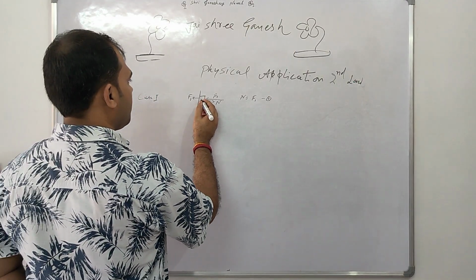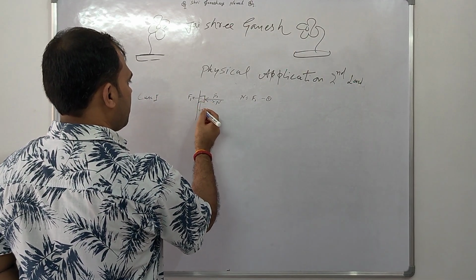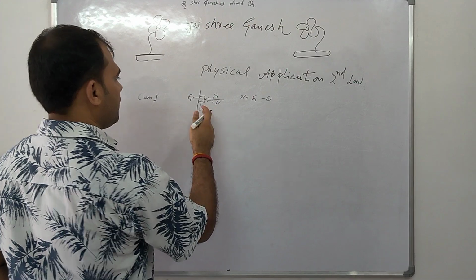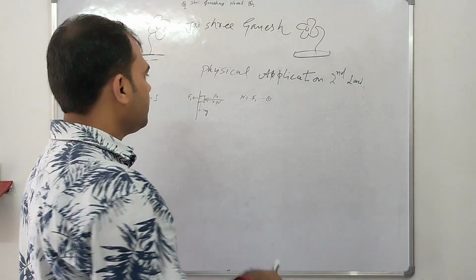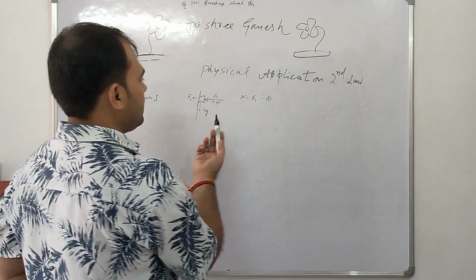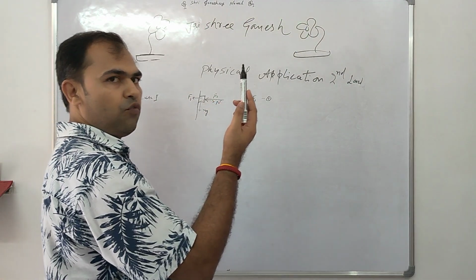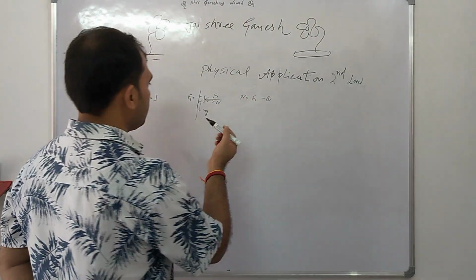And gravitational force mg will act vertically downward, and there is no force in the vertically upward direction.